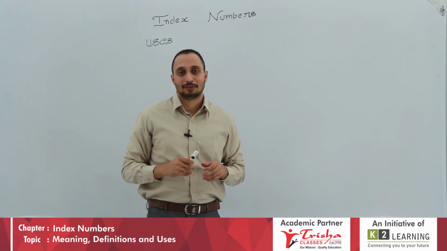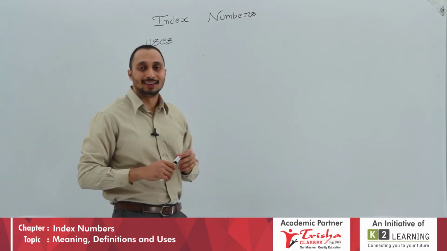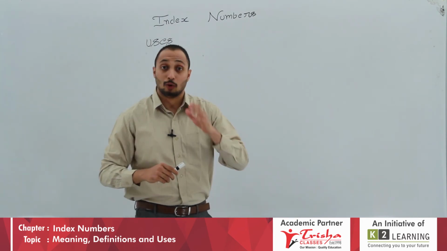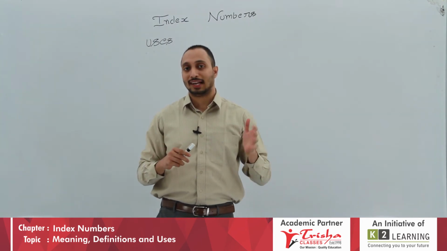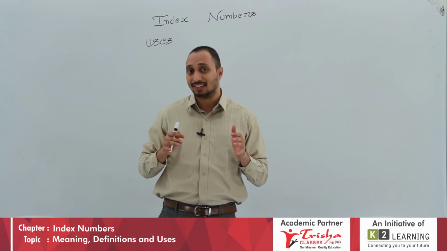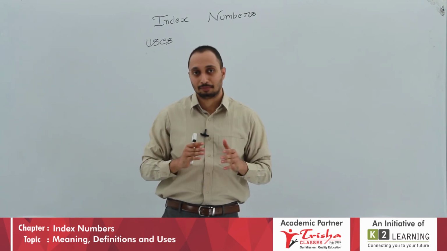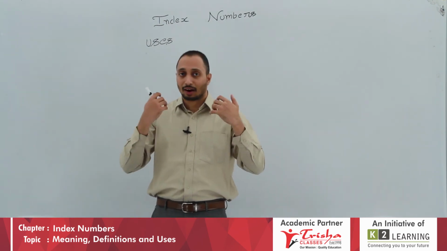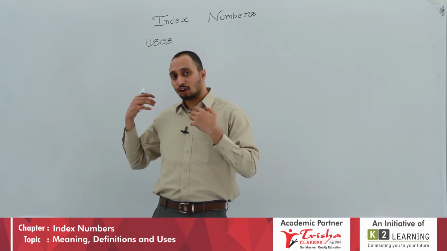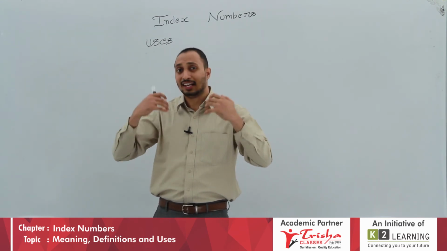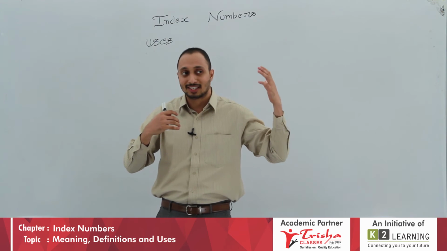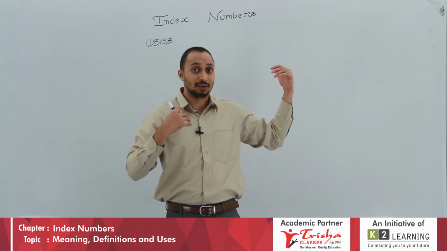After the definition of index number, it's time to learn the uses of index number. One of the most important uses of index number in today's generation is for government, because governments have been seeking the economist's help for a really long time, maybe even when it was kingship.